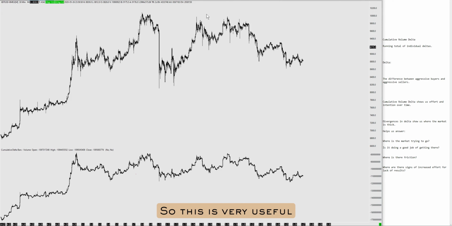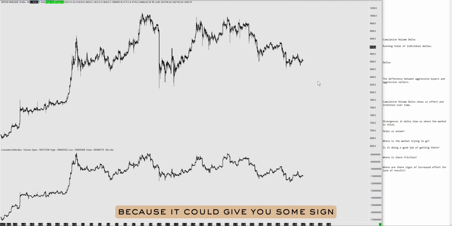So this is very useful when you're using this at key areas within market structure, key contextual levels, or the areas that you're looking for reactions, and whether that is support or resistance, because it could give you some sign as to whether or not you're on the right side of the market if you're buying that support or if you're selling that resistance.